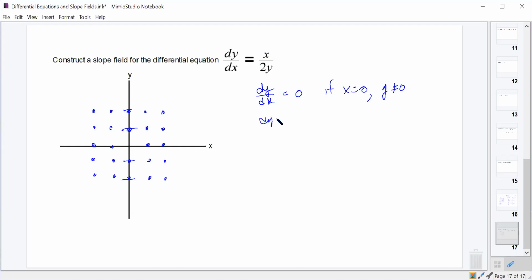And then we'll want to look at what makes dy dx undefined. That'd be if y equals 0, but x is not 0. So those 4 points. Good there or no?